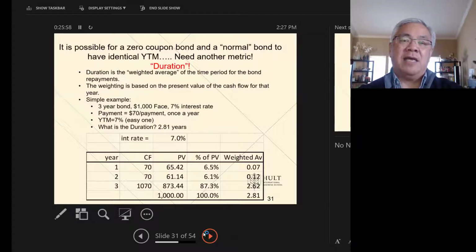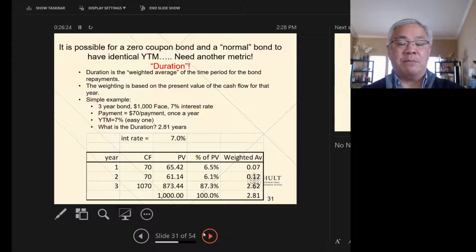And obviously, in the case of a coupon bond, you're getting some money along the way. So the tipping point is less than the full life of the bond, as opposed to a zero where you get nothing until the end. So the duration of a zero is equal to the life of the bond because you get nothing until that point. So that is the waiting time for any money.